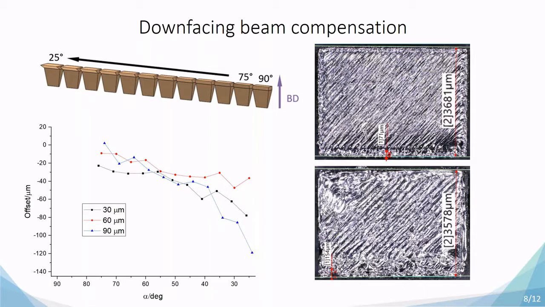As you can see, the trend is not smooth. So what we did is fit the experimental data with a quadratic polynomial to obtain a smooth transition from 0 to the maximal deviation registered for 30, 60, and 90 micron layer thickness.